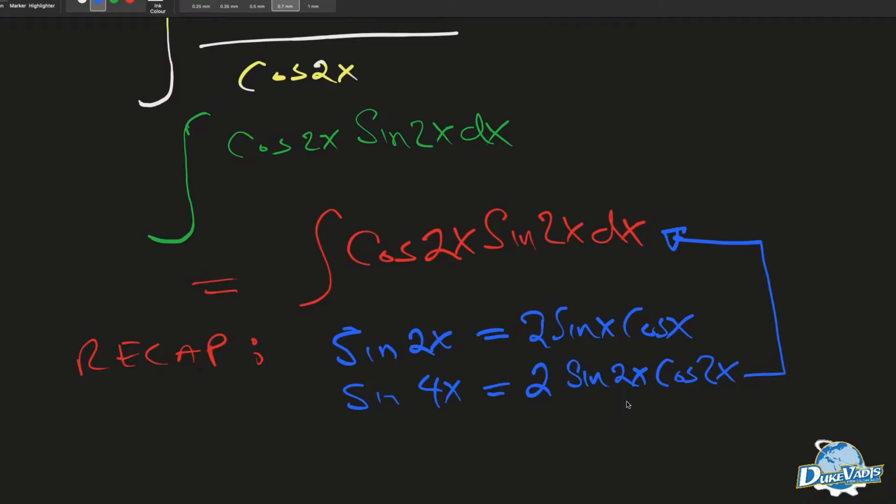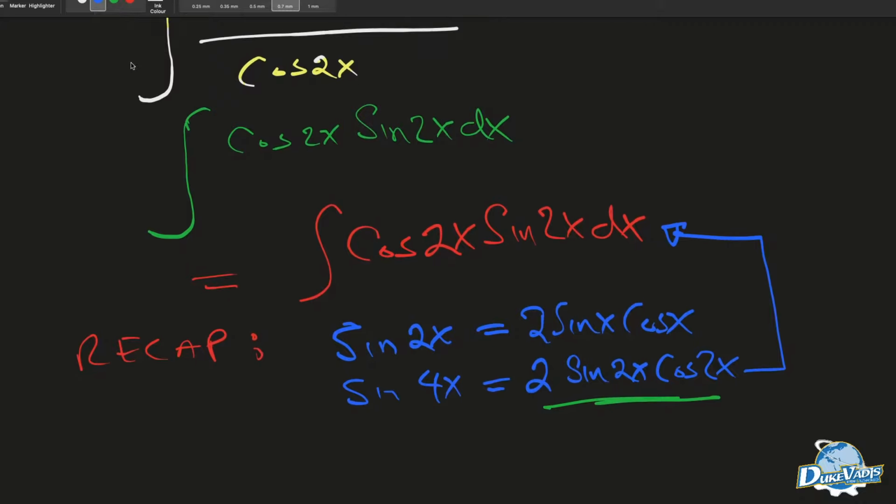So for this one to stand alone, we make it the subject, so that sine 2x cos 2x is equal to one half of sine 4x.